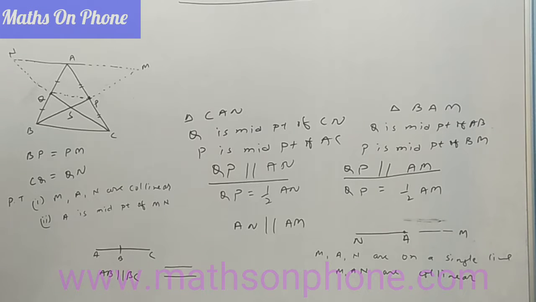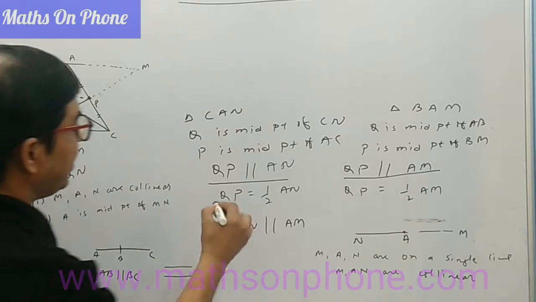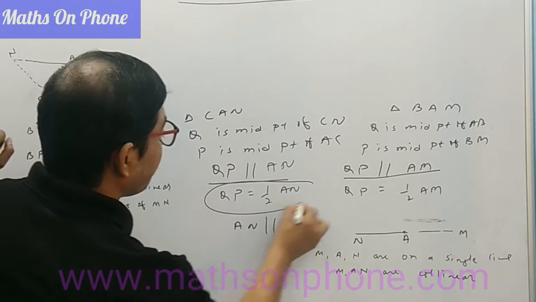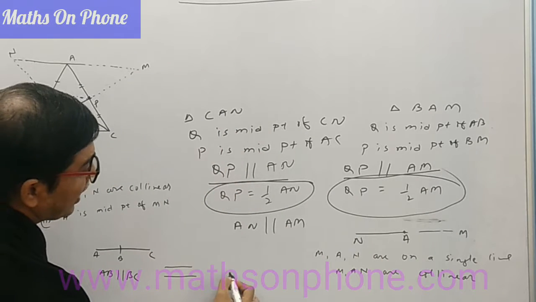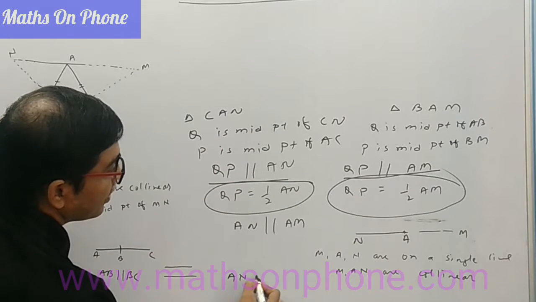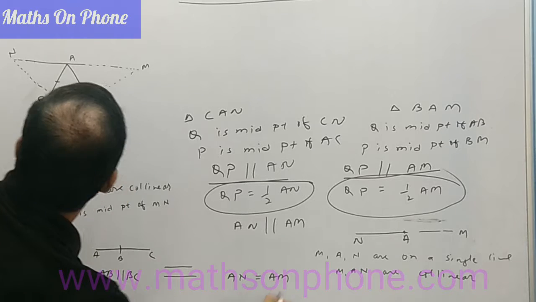Be careful. Understand the concept of parallelism. What is the actual meaning of parallelism? Now see, A is the midpoint of MN. What we proved here is that QP is half AN and QP is half AM. That means we can write AN is equal to AM.